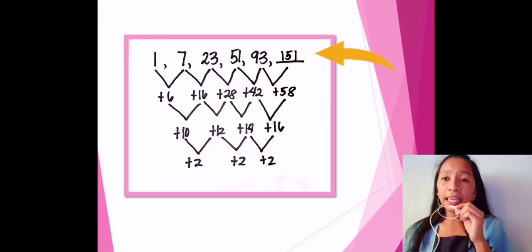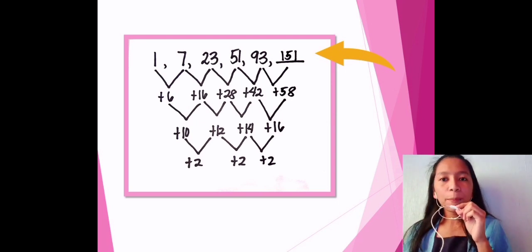Diba, yung last nating difference na nakuha is 2. So, magdadagdag lang tayo ng 2 dun sa 14, which is 16. Ayan yung 16. Tapos, yung 42 na last number natin kanina sa second layer, dadagdagan natin siya ng 16, which is magiging 58.